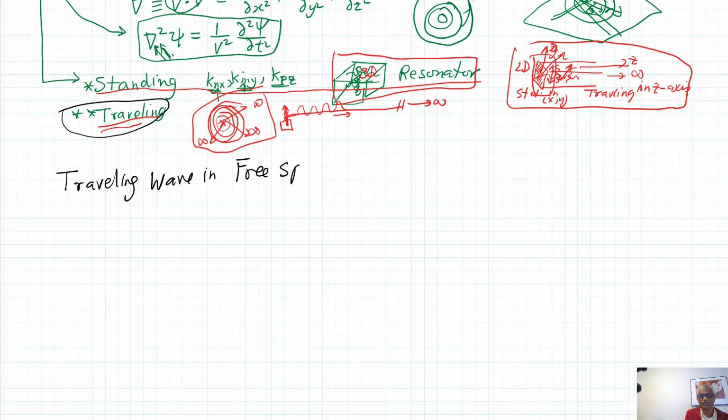By free space, I mean just vacuum or just 3D space, where there's nothing to reflect on, and it's just propagating. Also called propagating waves.